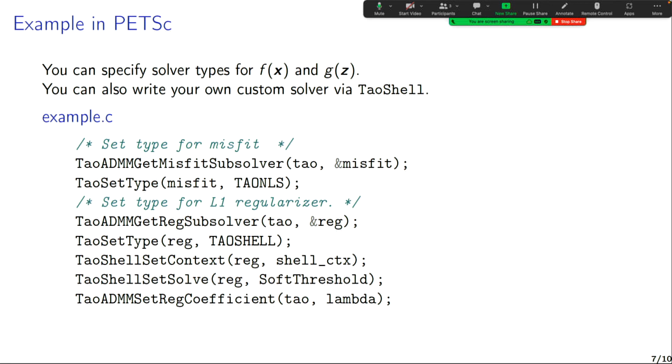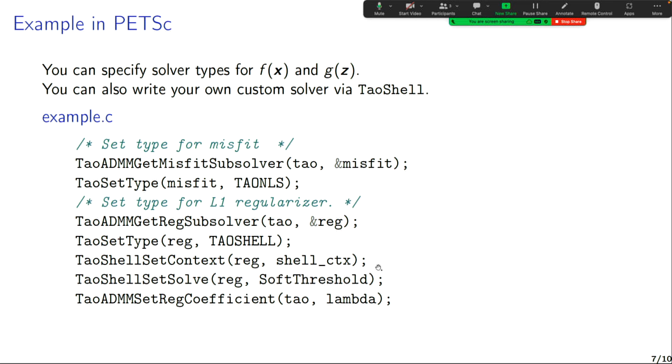So for F1 regularized, F1 norm plus Lagrangian, there is a known closed form solve called solve threshold. So what you could do is you get the type Tao shell, and in the Tao shell context, which gives you a pointer, you can set the solve and then this callback function solve threshold, where you have access to the shell context, and then you solve whatever you want to solve in the solve threshold.